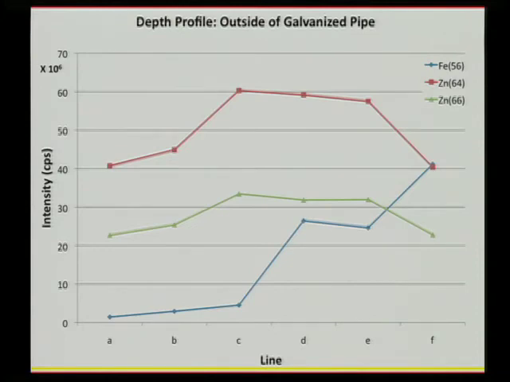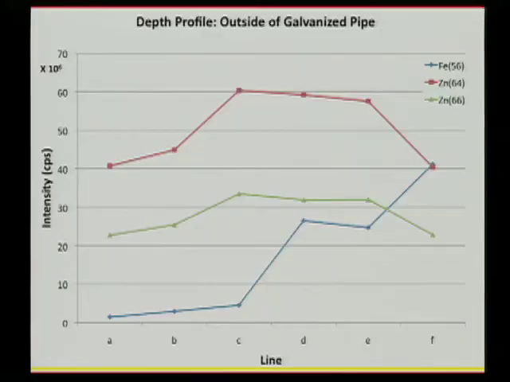So here's our depth profile using our nanosecond laser. We just looked at 2 isotopes of zinc to make sure that we were indeed looking at zinc and not looking at interferences. And so what you can see is that going from the top down, as each successive line is ablated, we can see that the zinc increases, levels off, and then decreases.